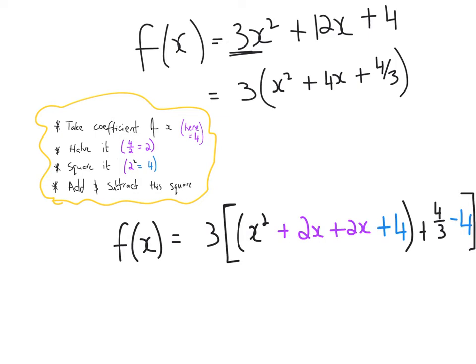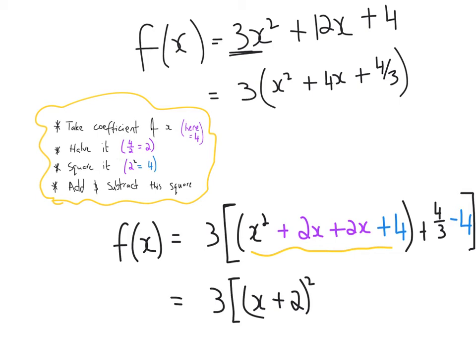So now, tidying that up, I can say that's 3 times, this will all collapse into x plus 2 all to be squared, because I know if I expand this out, I have x squared plus 2x plus 2x plus 4, which is the same. And then I tidy up this last bit here.